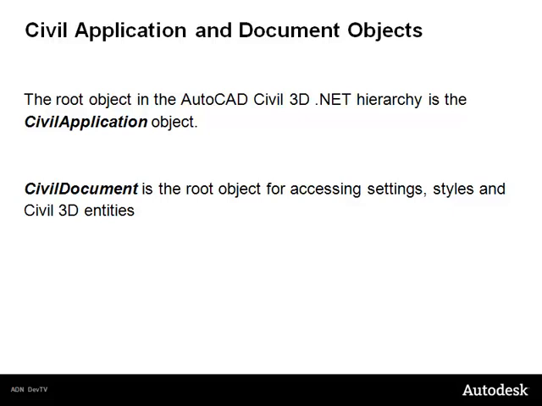The root object in the AutoCAD Civil 3D .NET hierarchy is the CivilApplication object. It contains a reference to the current active document and information about the running product. Please note that, unlike the COM API, CivilApplication does not inherit from the AutoCAD object Autodesk.AutoCAD.ApplicationServices.Application.